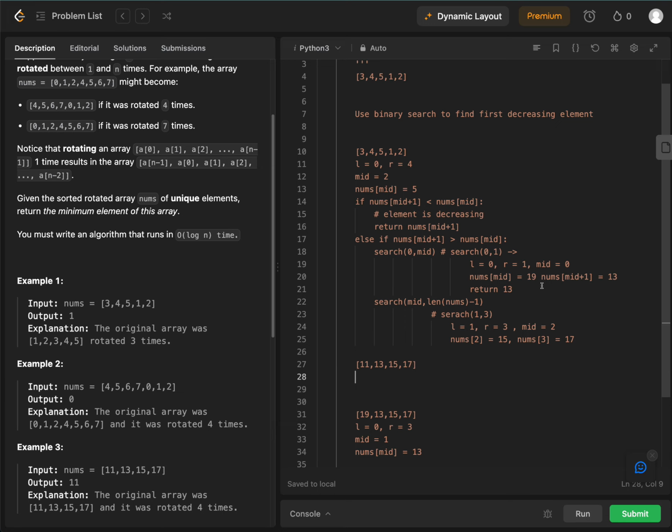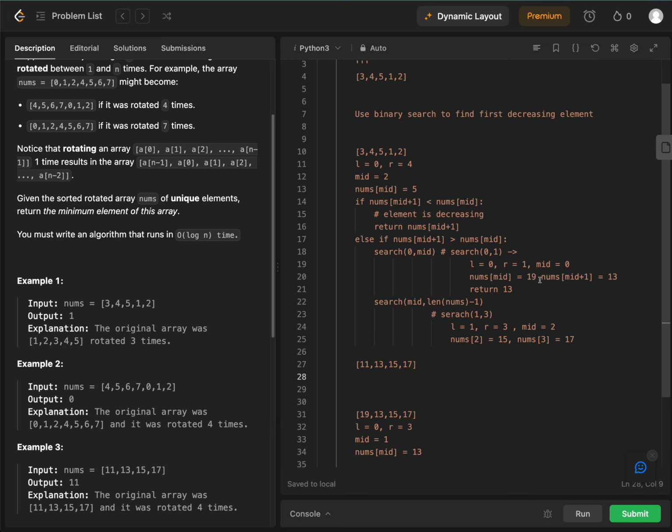So what is the base case here? Can't really figure out if this is a recursive solution or an iterative solution.